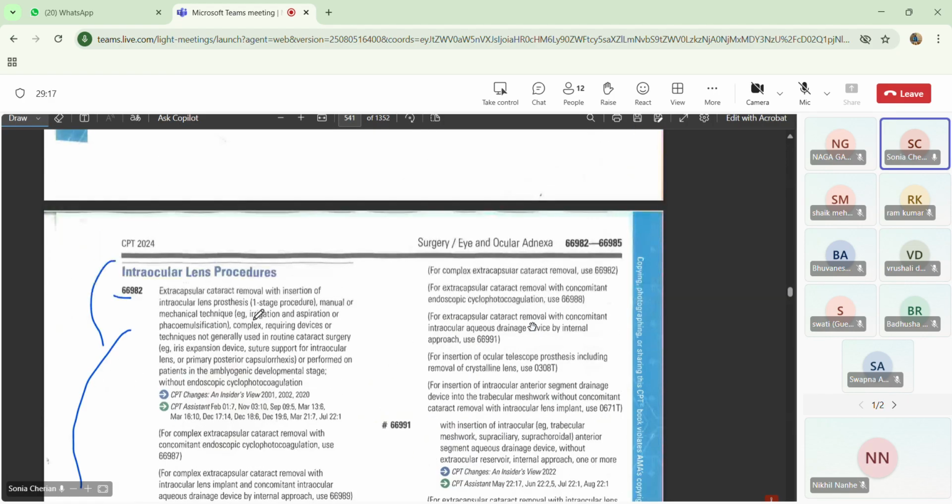In 66982, this is for the complex kind of procedure.